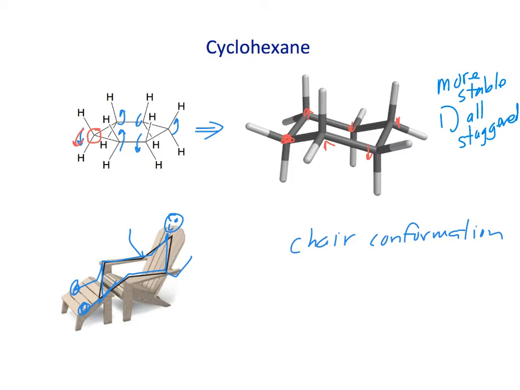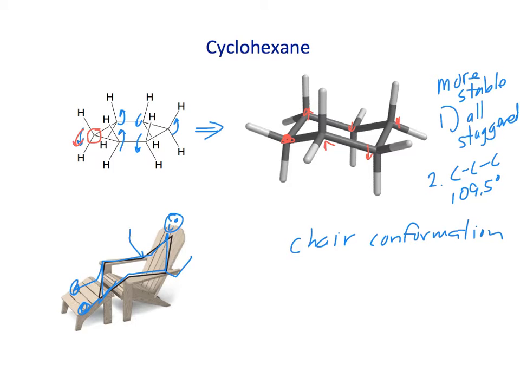Okay, there's no eclipsed bonds anymore. And the second thing is that the carbon-carbon-carbon bond angles all become 109.5 degrees, just the ideal bond angle for sp3 hybridized carbons. So this cyclohexane ring is really a very stable structure.